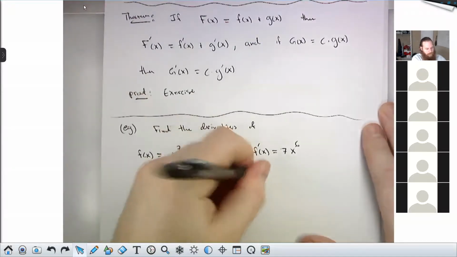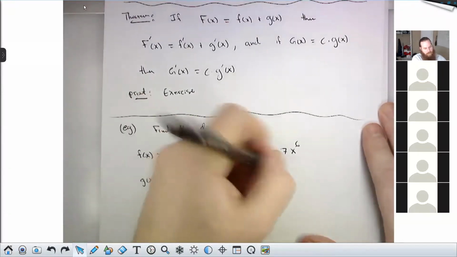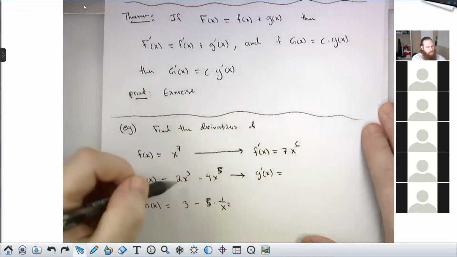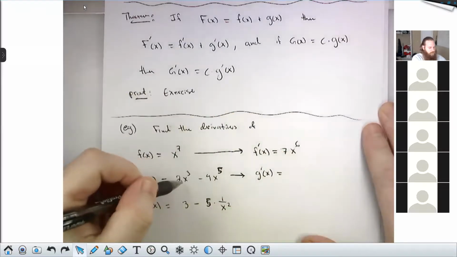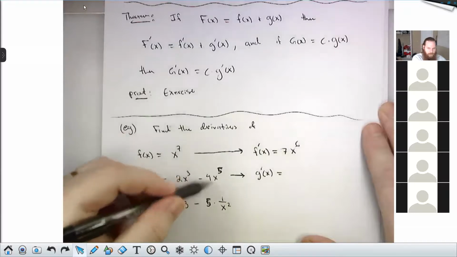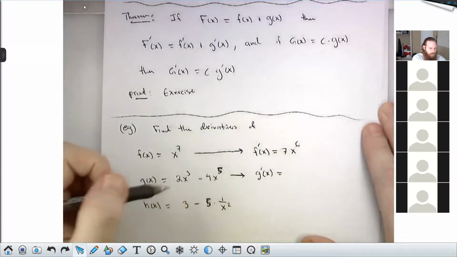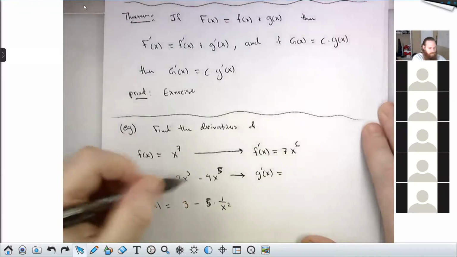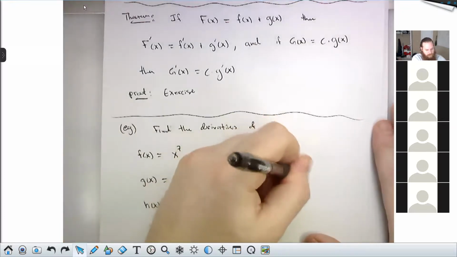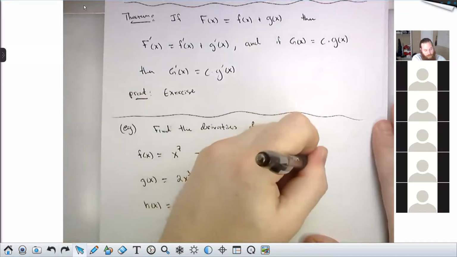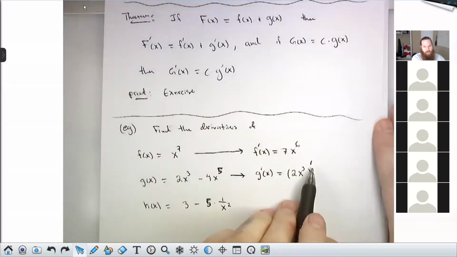Here, g primed, I differentiate this, and I differentiate this separately. So this is going to be, well, I'll break this out schematically. This is 2x cubed primed, and the prime here means we're going to take the derivative of this.